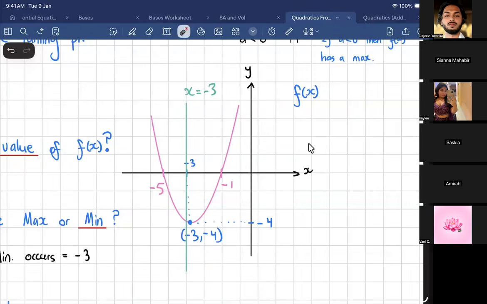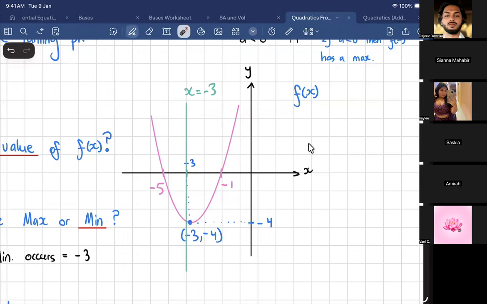Some of you might be confused, so let me explain. What's the lowest point the graph goes down to? -4. Everybody's seeing that, right? Sienna, Amira, Fanny, Kaylee, it goes down to -4. Yes, sir. If it's going down to -4, that means that's the minimum value.